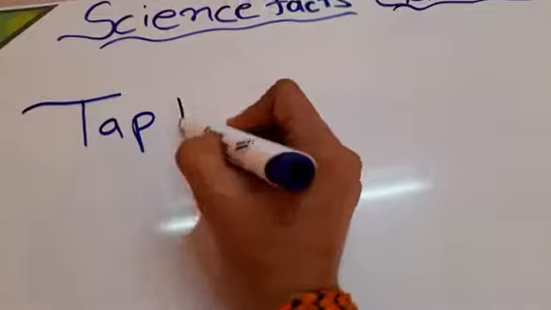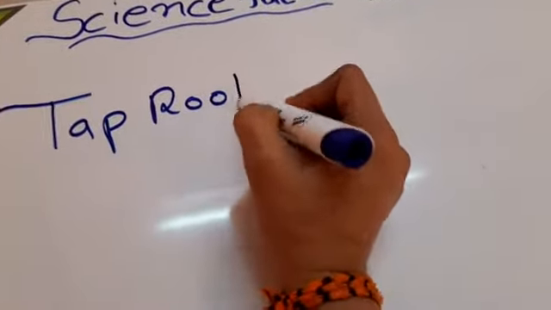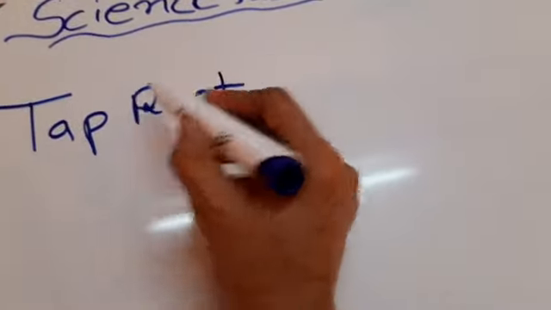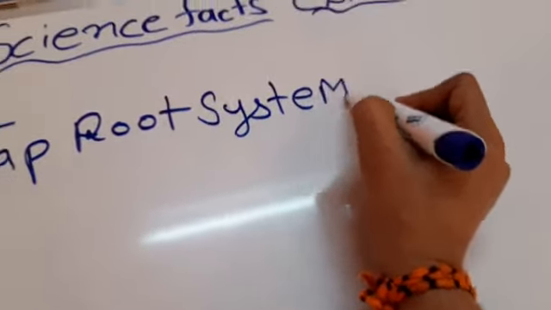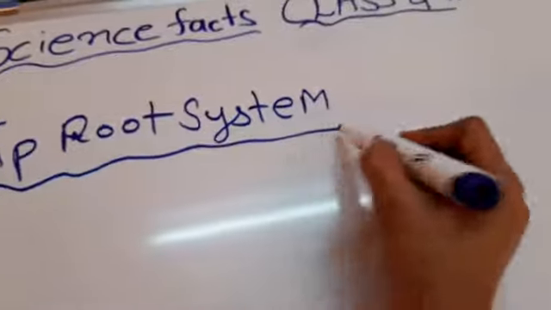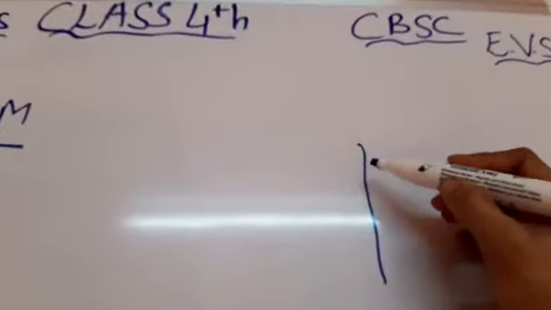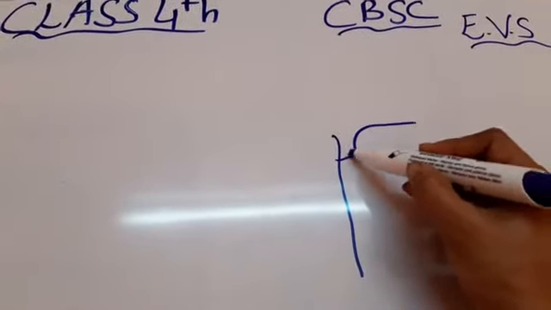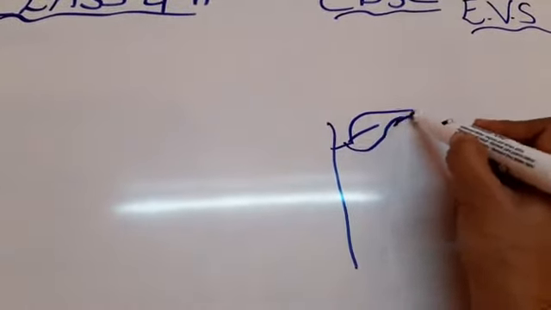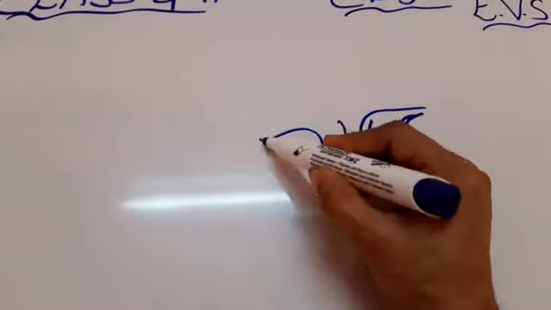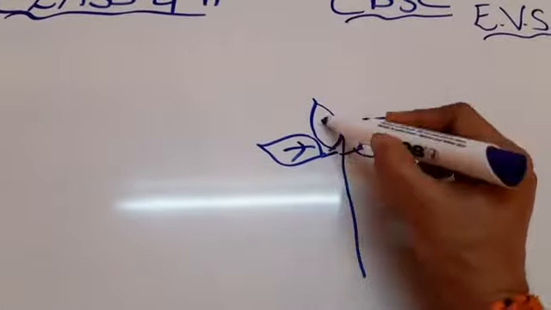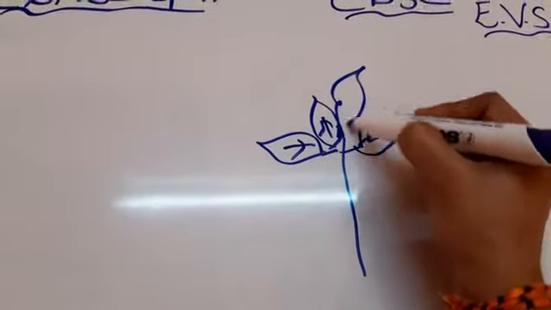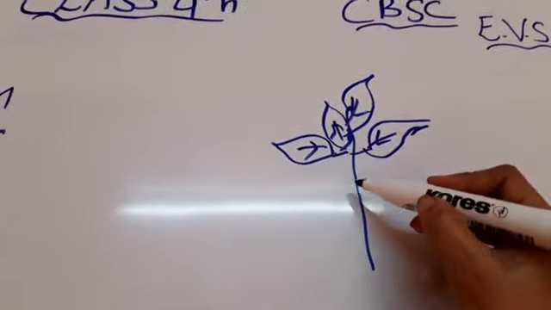The taproot system. Firstly, draw a diagram of a plant having a taproot system. So this is a diagram of a plant having a taproot system.